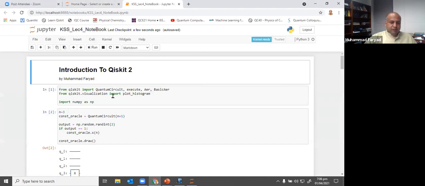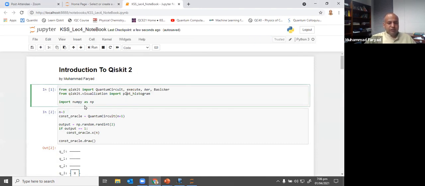All right. So in the first part, you see I have this importing from Qiskit of QuantumCircuit, execute, Aer, BasicAer, and this plot_histogram that I will use to plot.